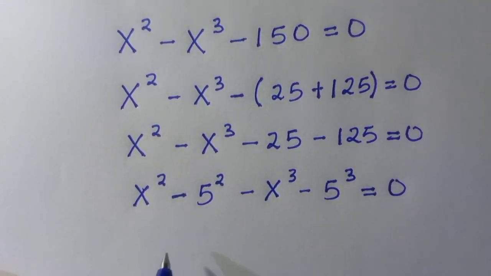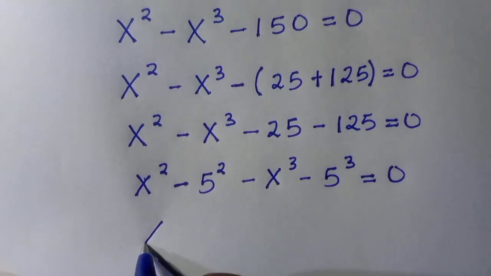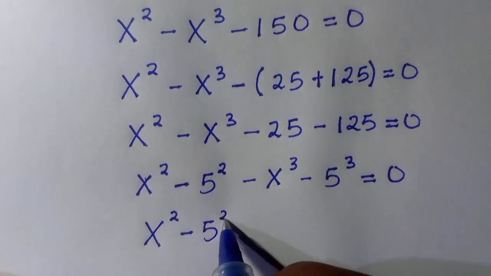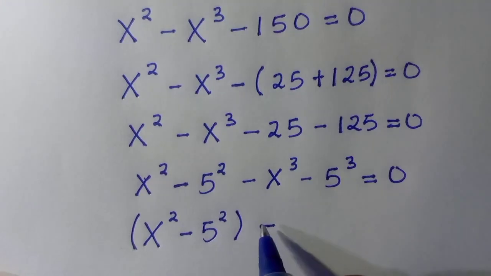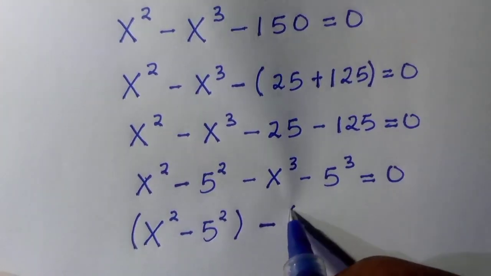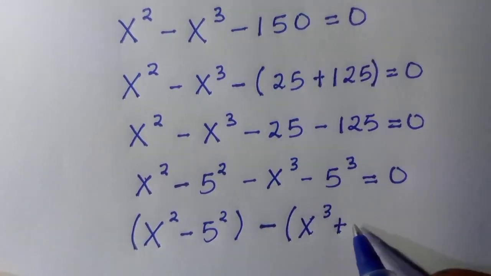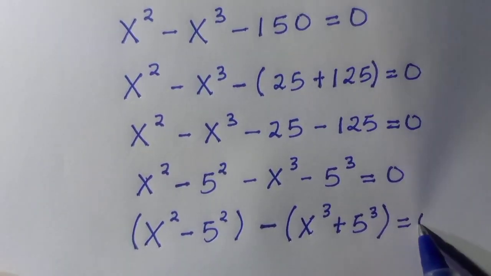So by putting this in parentheses, we have x to the power of 2 minus 5 to the power of 2 in bracket. Also, by taking out negative, we have x to the power of 3 plus 5 to the power of 3 equals 0.